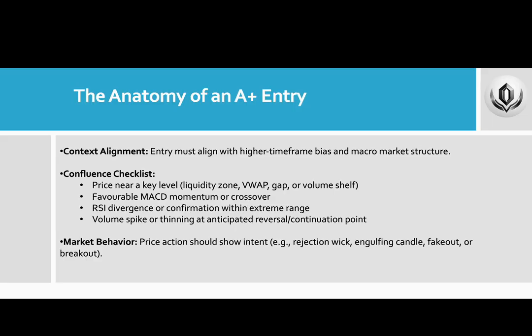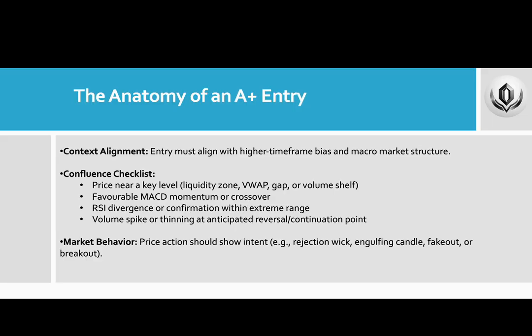Then we move to confluence. This is where we start adding multiple layers of evidence. That's where it all comes together. We think of this like we're building a legal case. Your entry needs a few of these, if not all of them, to confirm the elements of an A+ setup. So questions you should be asking yourself: Are we near a key level, like the VWAP, a recent gap, a visible liquidity shelf, or maybe a clean prior high or low?